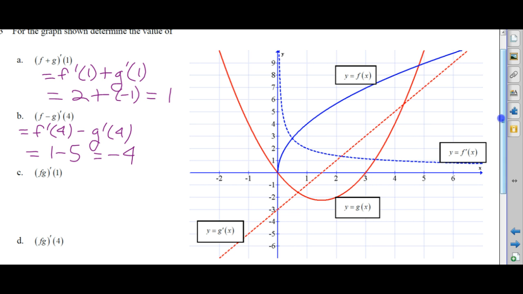You can do that all at once, really? Sure. Oh, okay, because I figured I kind of got to use the product rule, which says it's f of 1 times g prime of 1 plus g of 1 times f prime of 1. You did all that.